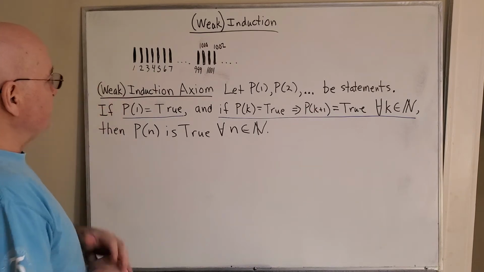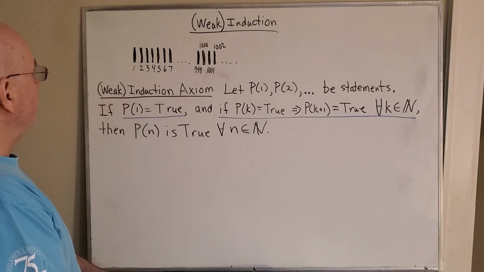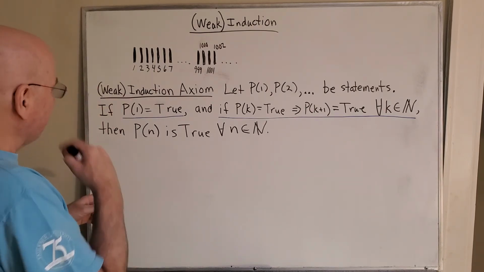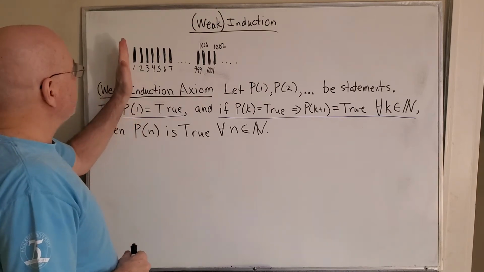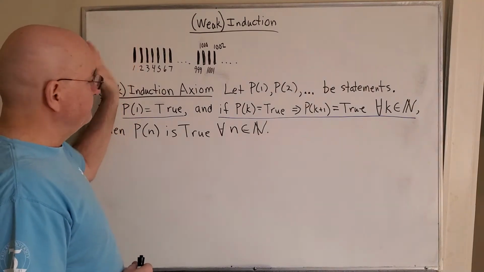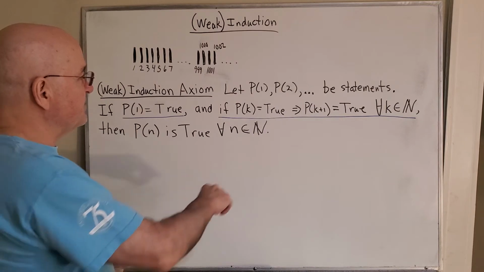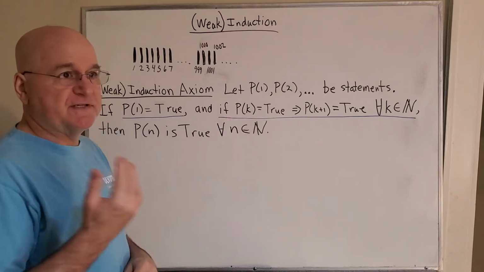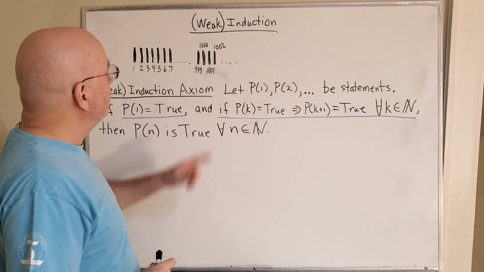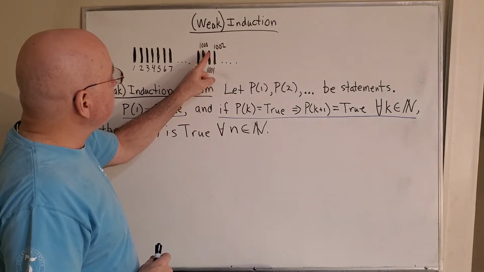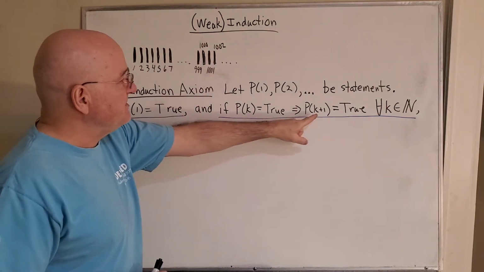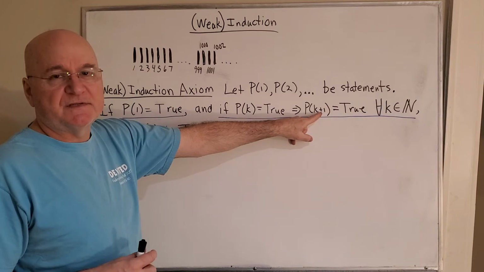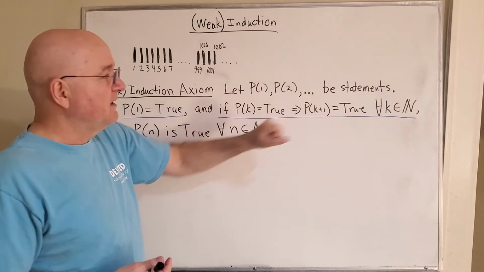How does that apply to the dominoes? Well, P1 being true means domino 1 gets knocked over to the right. And I can also say for any value of K, for example K being 1,000, if domino 1,000 gets knocked over, that means that domino 1001 is going to get knocked over as well.